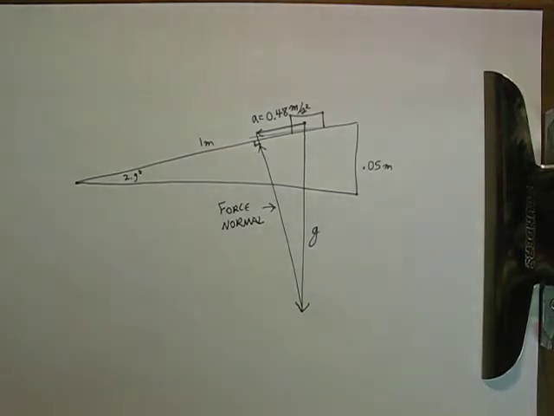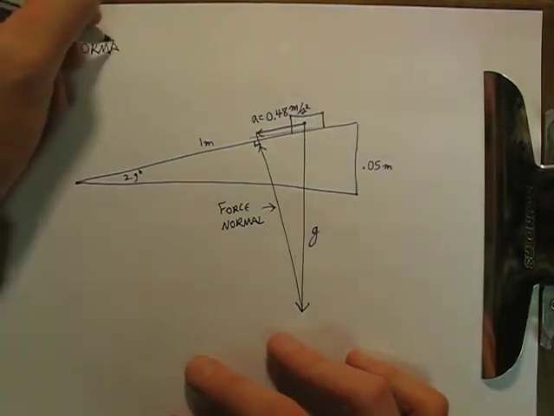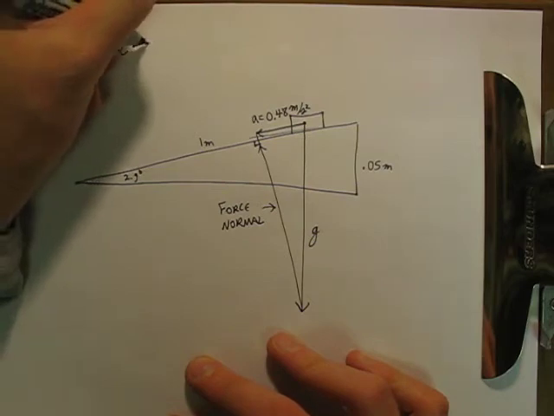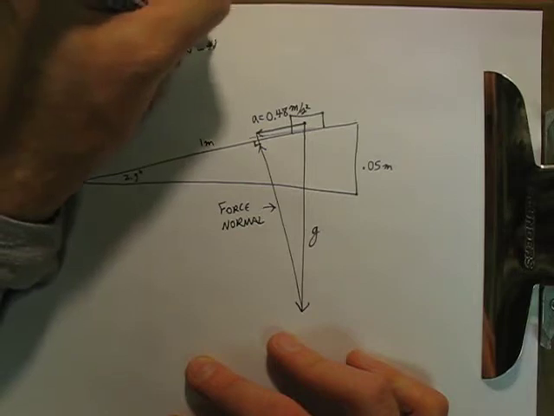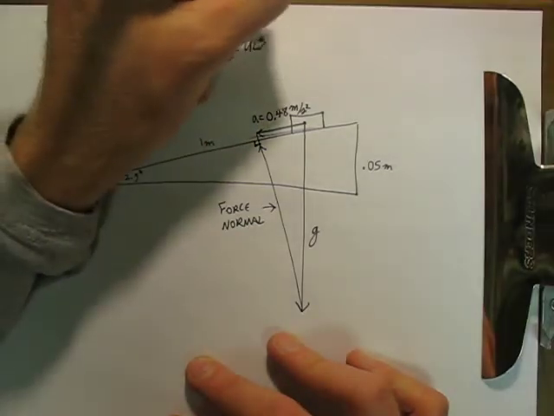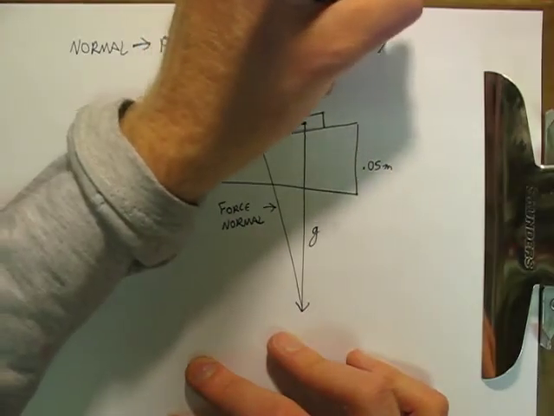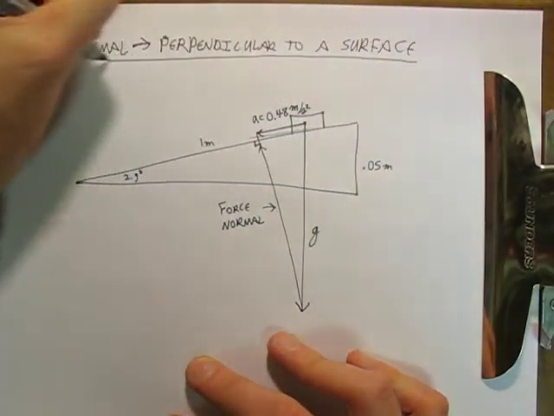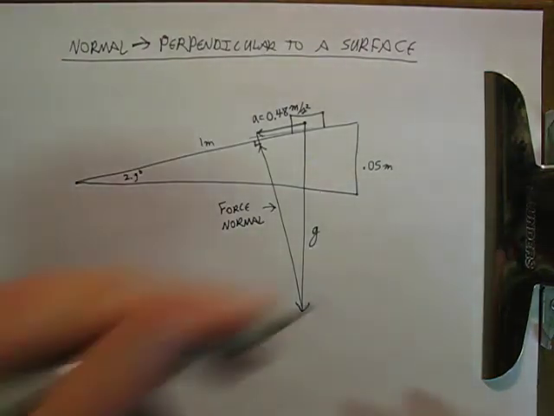I really want you to say out loud, normal is perpendicular to a surface. The word normal, I'm going over this several times, and it's really important. This is something a lot of people don't remember, and they have a problem with.